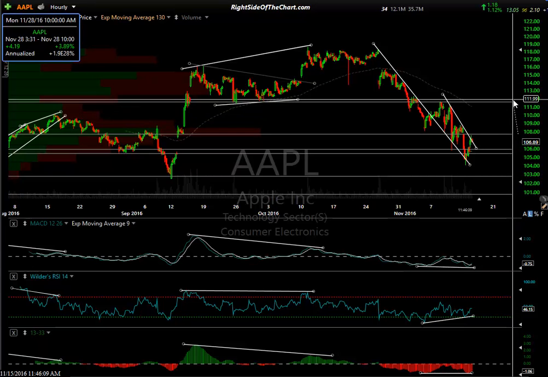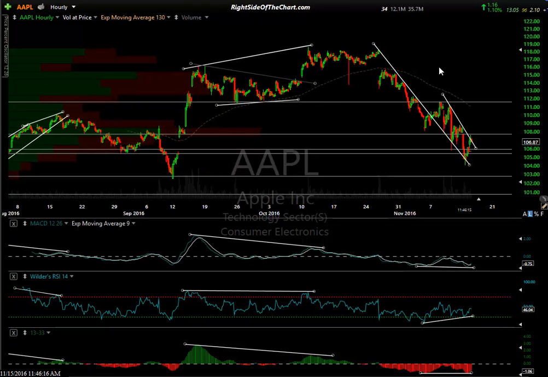But again, keep in mind, I'm going through these charts. I'm going to start with the 60-minute charts, and we're going to work our way out. The most important point that I can impress is I always give a higher weighting to the longer term time frames. In other words, what you see on the daily charts is more important than what you see on the 60-minute charts. What you see on the weekly charts is more important.